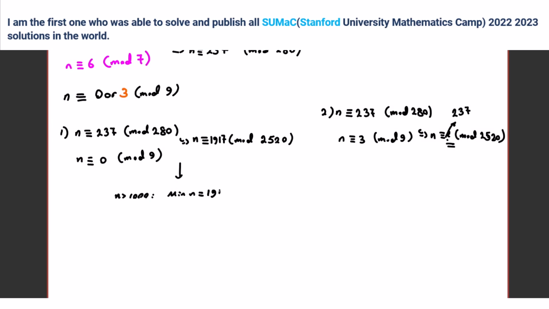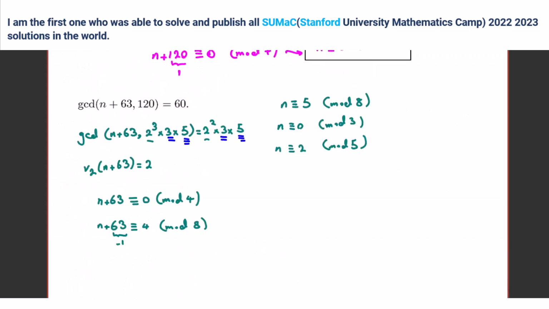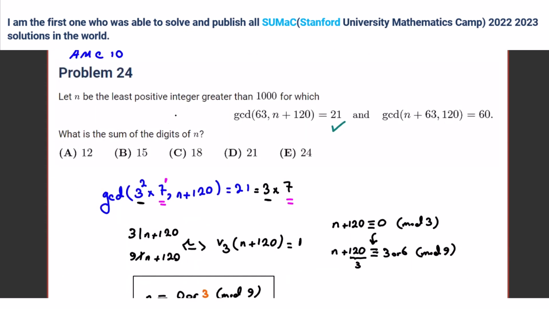So minimum n is 1917 for the first case. For this case, minimum n is what? 2757. Exactly. So the answer will be what then? Minimum n will be 1917. And so the answer is the sum of the digits, what? 18. 18, exactly. So the correct choice is C.